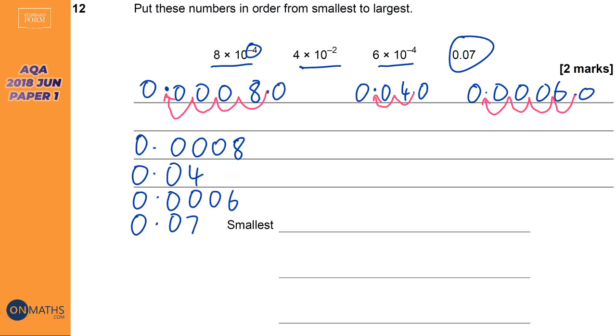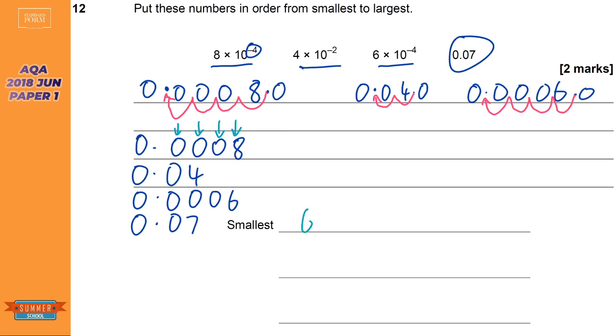Okay, so to find the smallest, we go through the columns, find the smallest there, find the smallest there, and find the smallest there. So the smallest there is 0.0006. Now, do not write that decimal, because you have to write it as it was in the question.